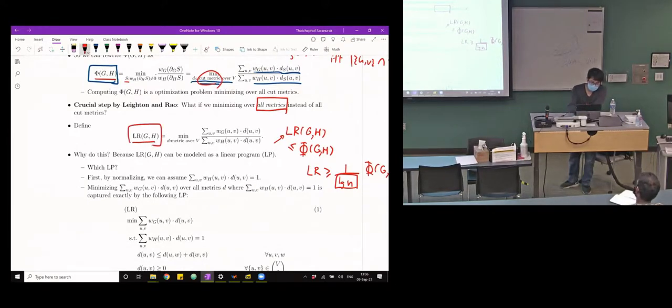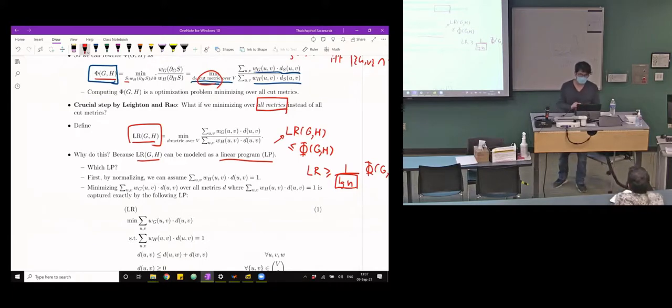So now this is a relaxation. What is the point of looking at this relaxation? The point is that you can write this relaxation as an LP. You will see how.